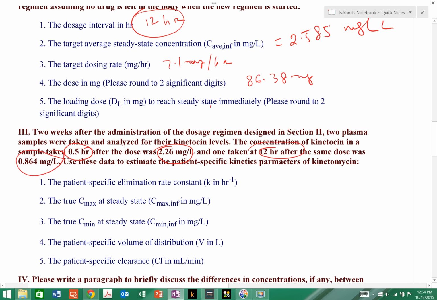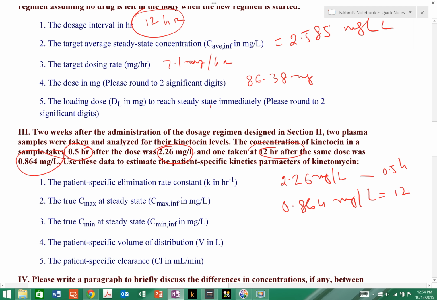So we now have 2 time points and concentrations, C1 and C2. One concentration is 0.226 milligram per liter at 0.5 hour, and the other is 0.864 milligram per liter at 12 hour.